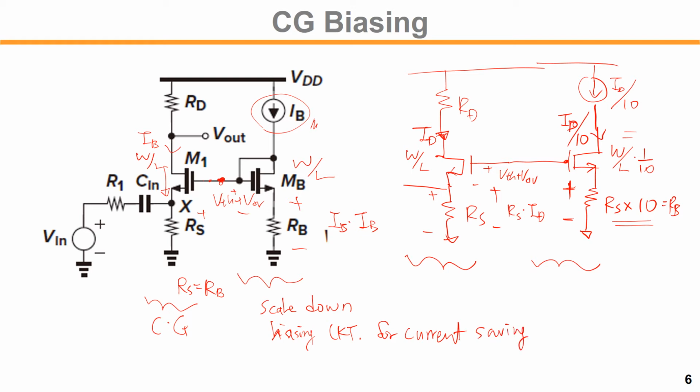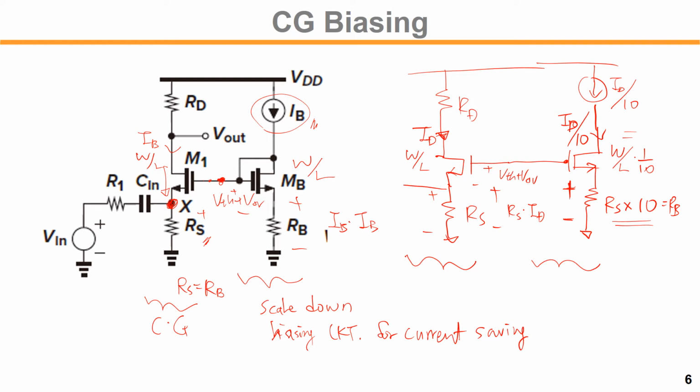This kind of biasing has a drawback. One is that it relies on the voltage drop across the resistor; the voltage on this X node is sensitive to RS. So if RS changes a lot, then the overall gain changes.